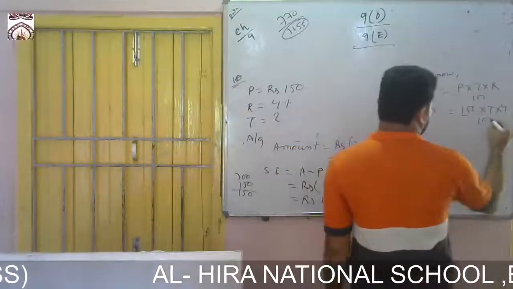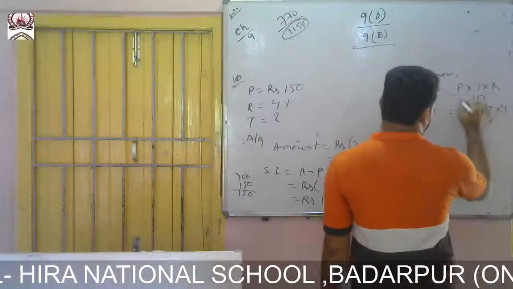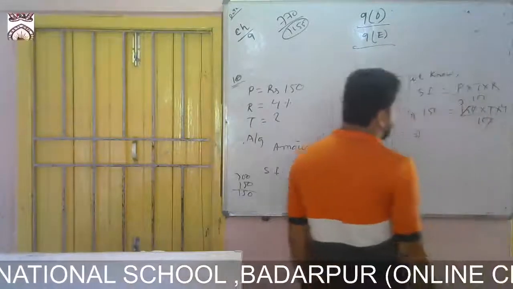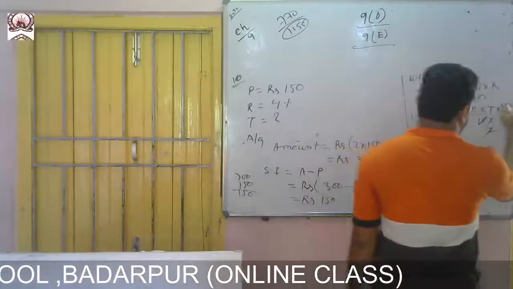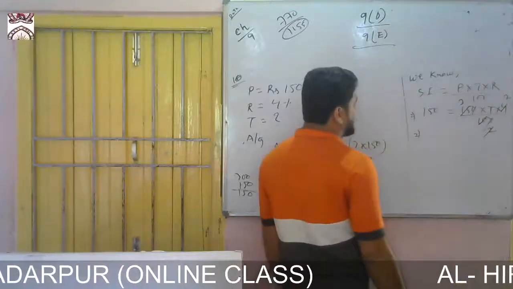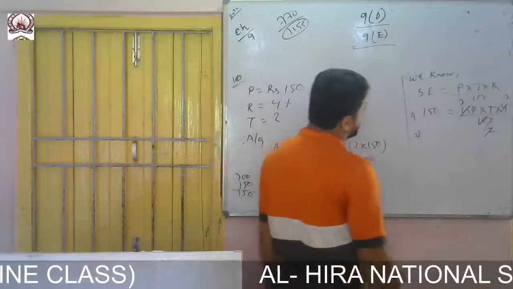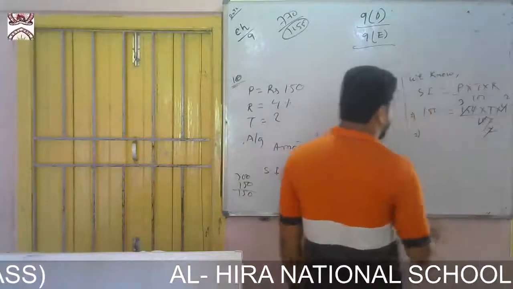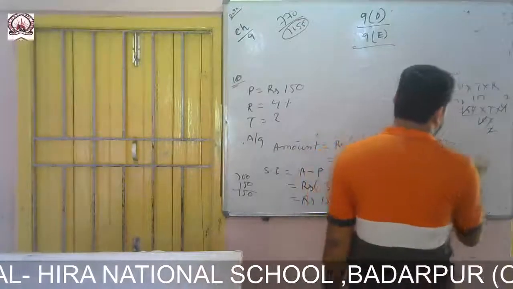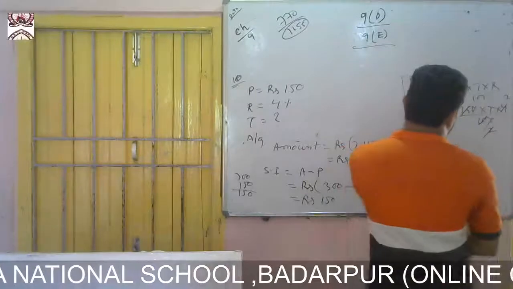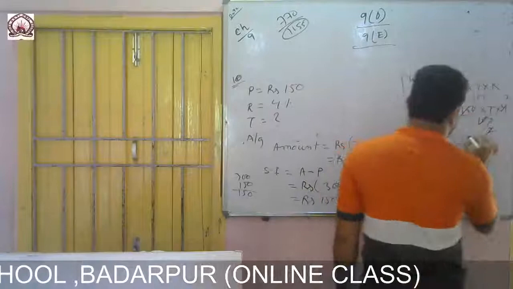One thing you can do: this 0 cancels. Then 5 3s are 15, 5 2s are 10, then 2 2s are 4. So what we got is 6. We can write like this: 150 equals 3 2s are 6, 60.